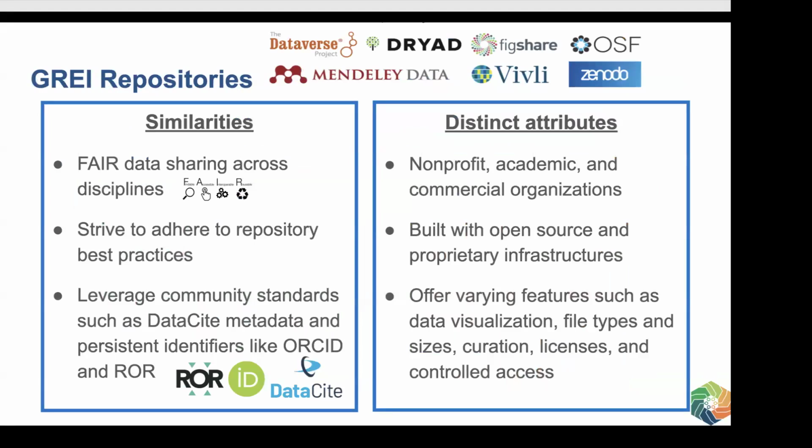We are all similar in that we practice FAIR data sharing, strive to adhere to repository best practices, and use DataCite metadata and persistent identifiers like ROR and ORCID IDs. Our distinct attributes are enumerated in the table on your right. Some of us are built using open source and others using proprietary software.